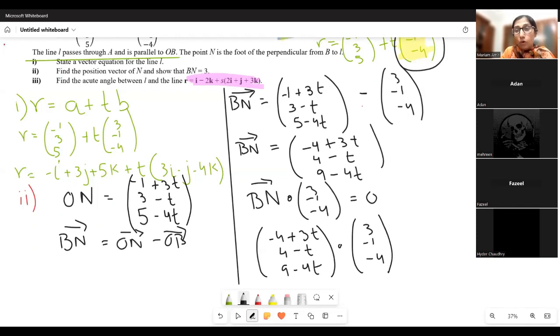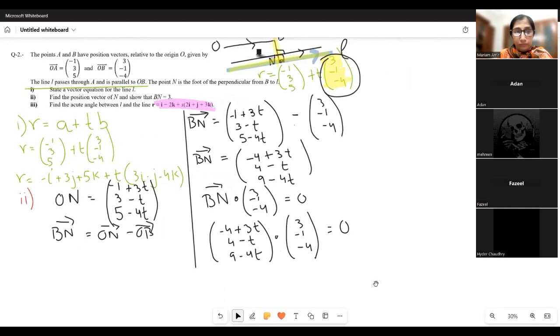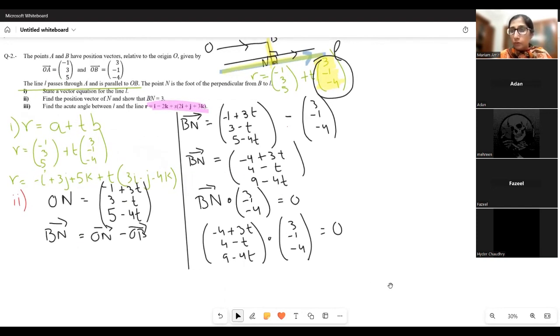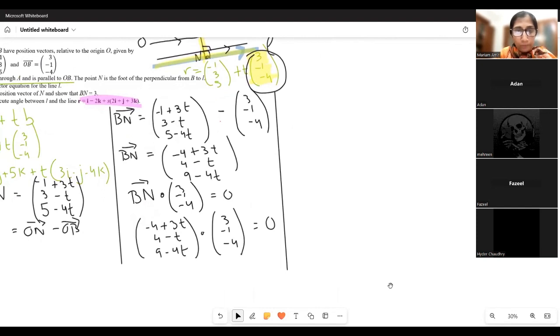I really hope you guys are doing the working in parallel, because if I make a mistake later, it will take a long time to find it. So please do all of this working on your own in parallel, so that if I make a mistake, which I probably will here and there, you can point it out as soon as I make it, like you usually do. Okay, now we have to take this dot product equal to 0.